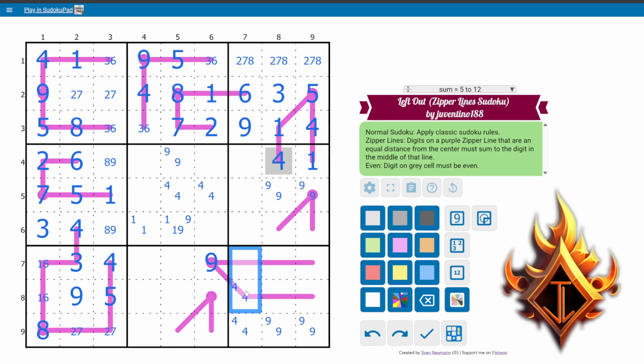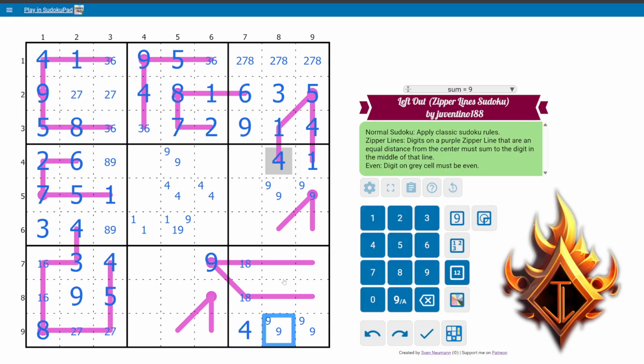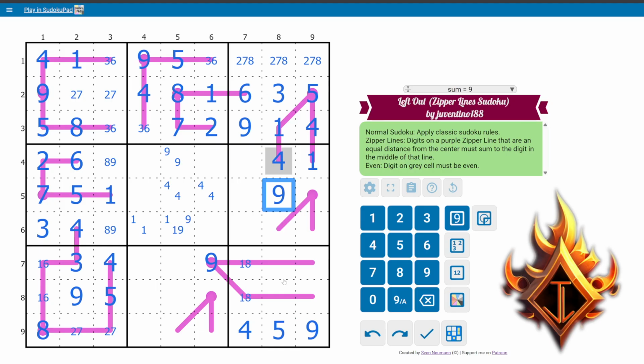Okay, 1 has to be here, so 8 will as well. So that'll be 1, 8. 4 comes out. That becomes 4. And that's going to make 5 appear down here. So it has to go like that because of the 5 above. So that becomes 9.